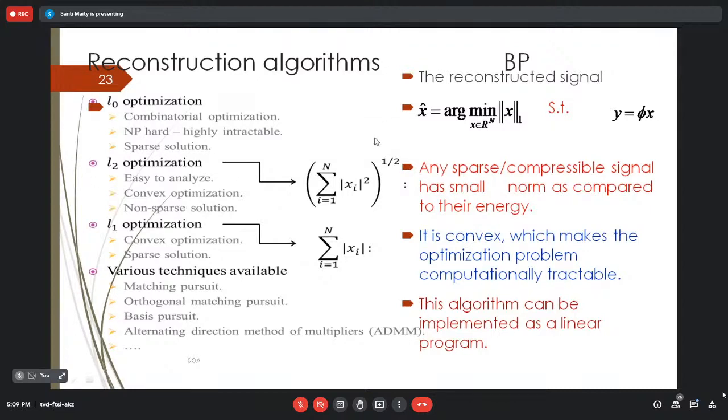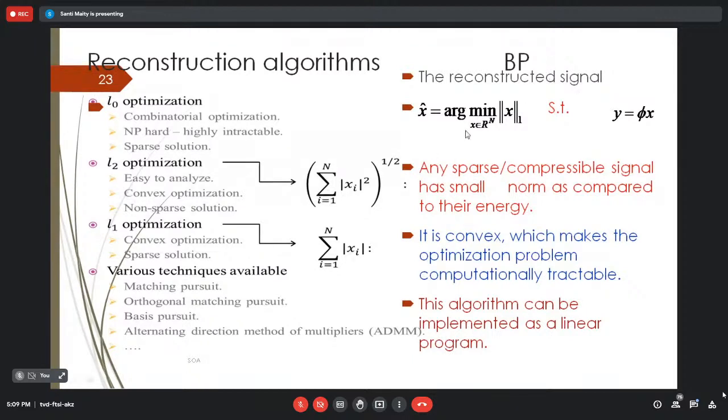On the other hand, if we go for L2 minimization or L2 optimization, that's energy, that doesn't provide you the sparse solution, but it is convex optimization, so it can happen. In between, there is L1 optimization. The physical meaning of L1 is that you look for those non-zero coefficients such that the sum of the coefficients is minimum.